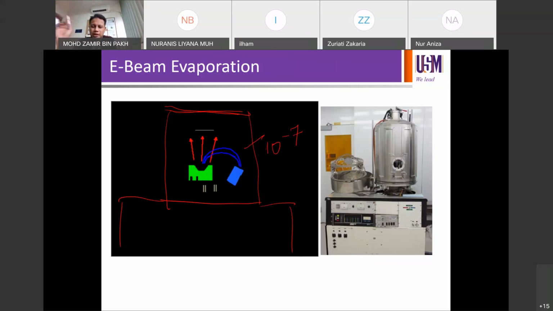So typically 10^-7 to 10^-8 is the typical range of the base pressure for this system, whereas if you go for thermal evaporation, 10^-5 is typical as the base pressure. Okay.